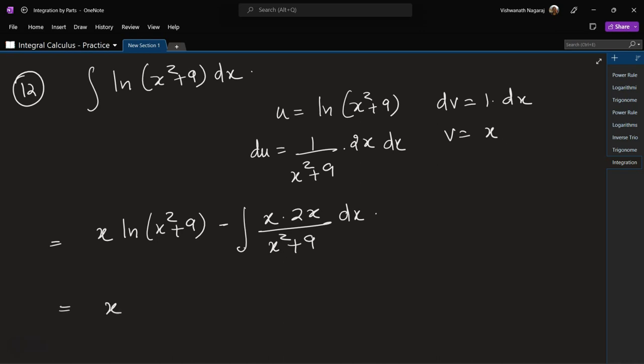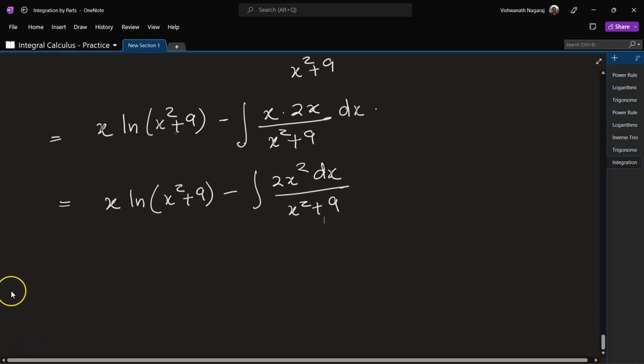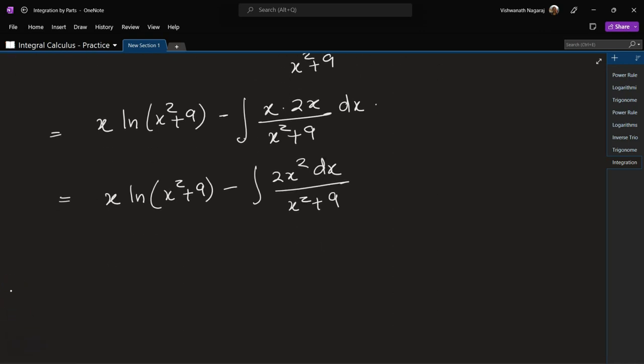So this becomes x natural log of x square plus 9 minus 2x square dx by x square plus 9. Okay, now what do we do? Here let's divide this x square by x square plus 9. But before that, let's take 2 out.